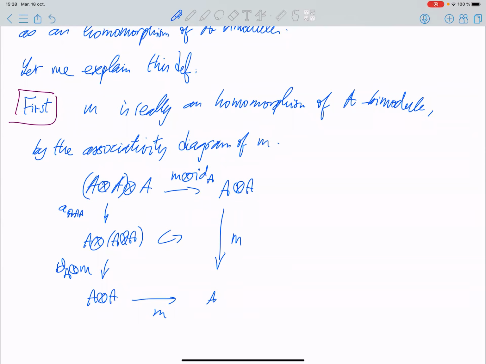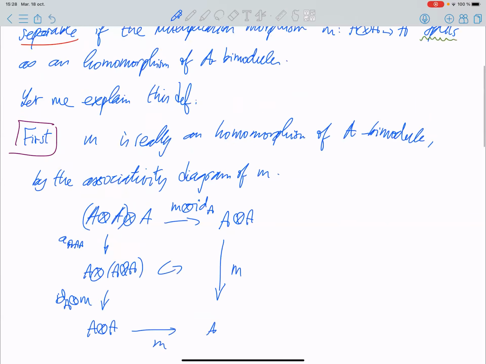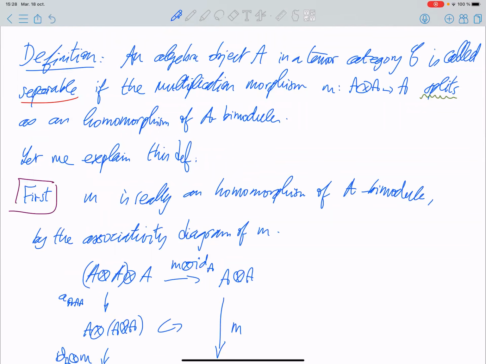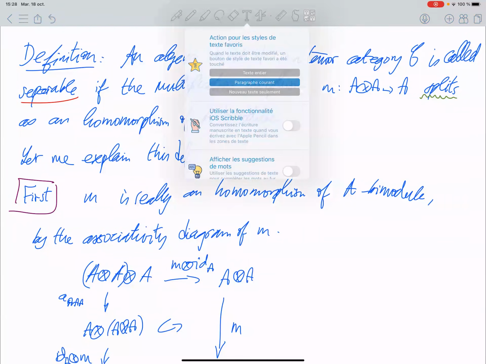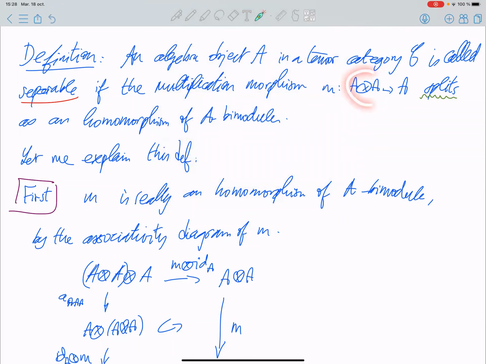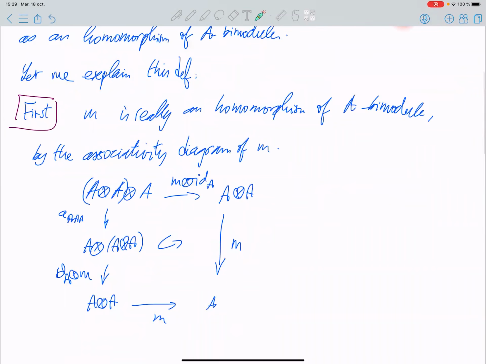Okay. So you need, where is that? Ah, voilà. This is a right A module.